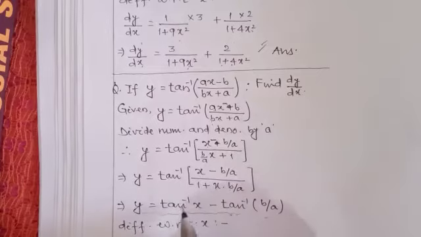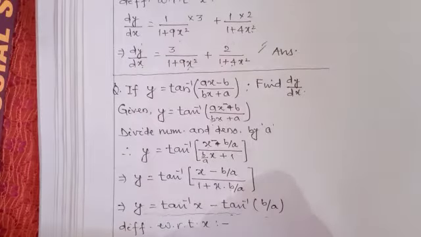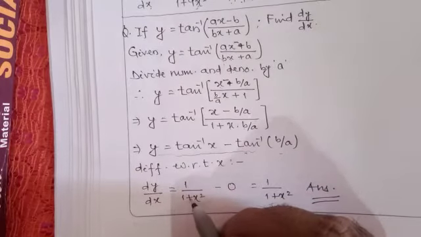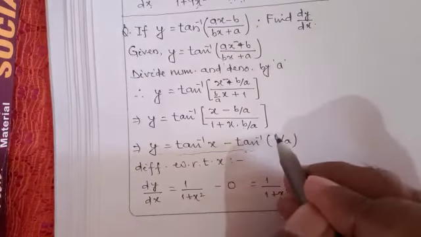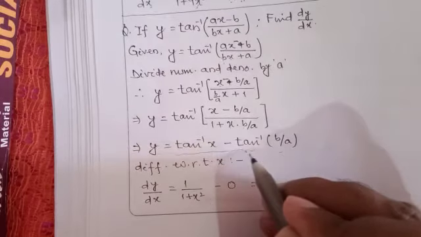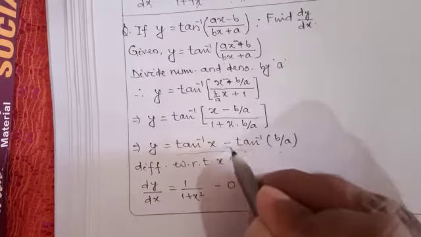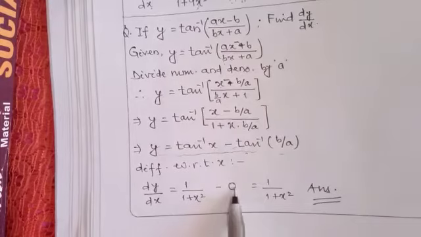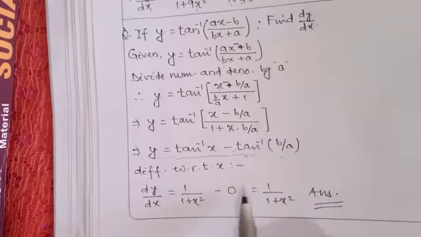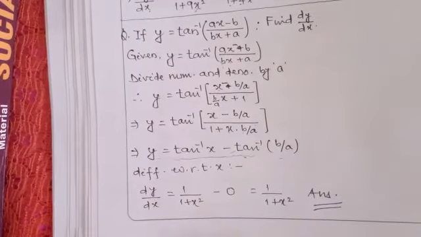Differentiation of tan inverse x is 1 by 1 plus x square, and b and a remain constant, and hence the differentiation of the constant is 0. So finally dy by dx is 1 upon 1 plus x square.